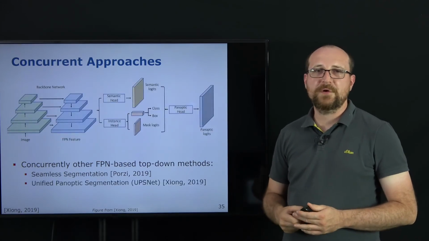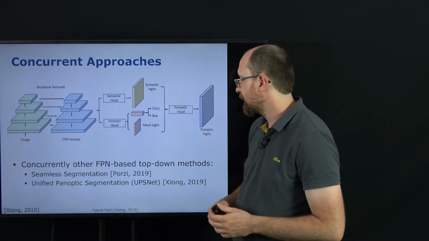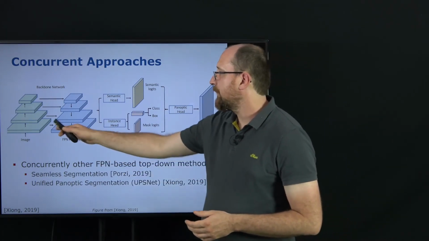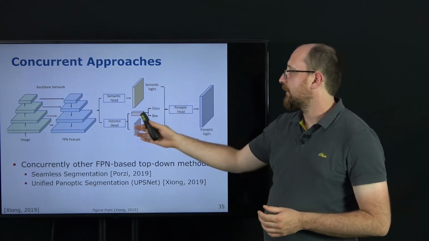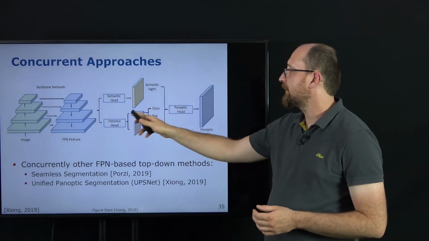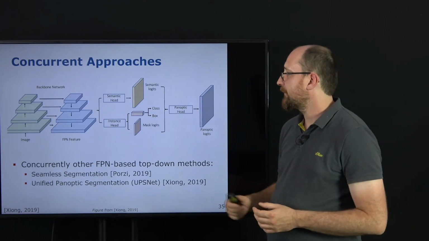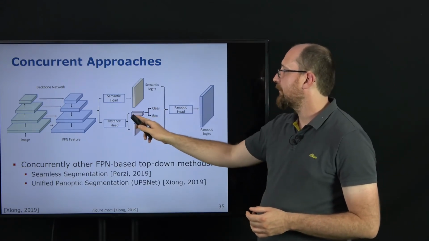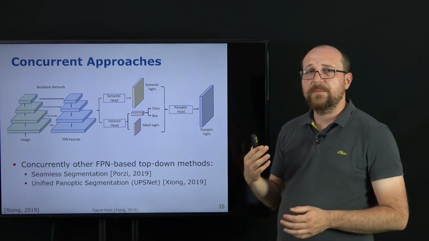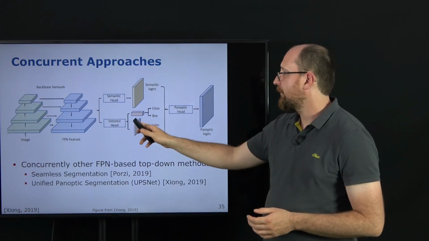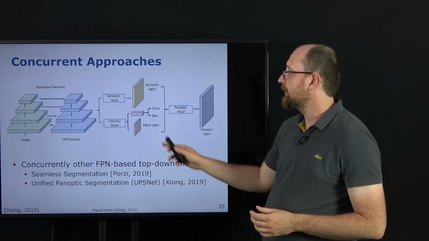Very similar to the panoptic feature pyramid network was this unified panoptic segmentation, or UPSNet, which also used the feature pyramid networks and then two different semantic heads or instance segmentation heads. And as you can see here, this is very similar to the Mask R-CNN approach, where we have also a classification of the region proposals and the different objects, and then the mask logits, which are basically just the foreground-background distinction for this mask to give us then the instances.